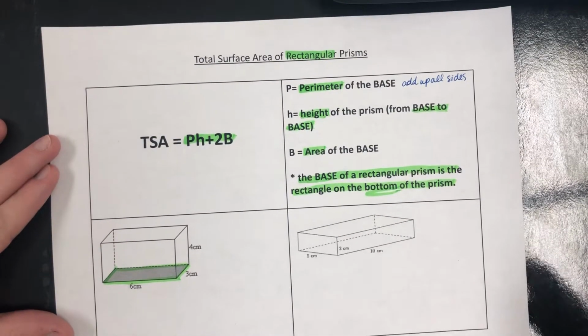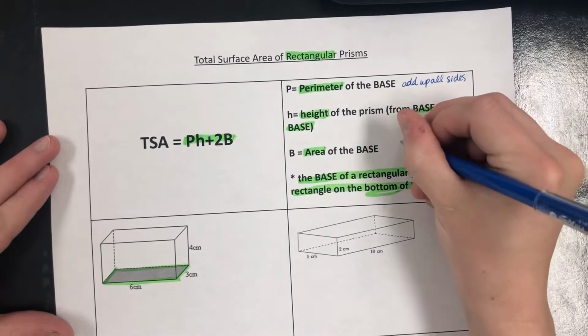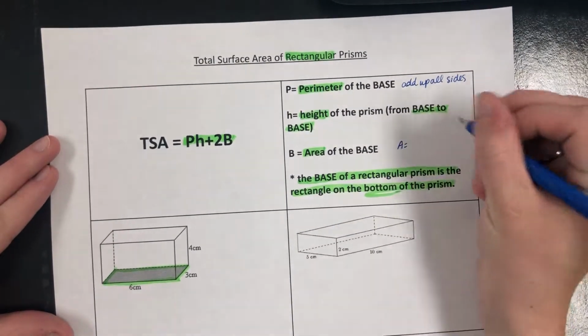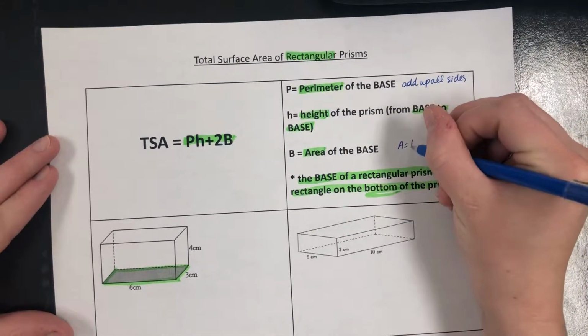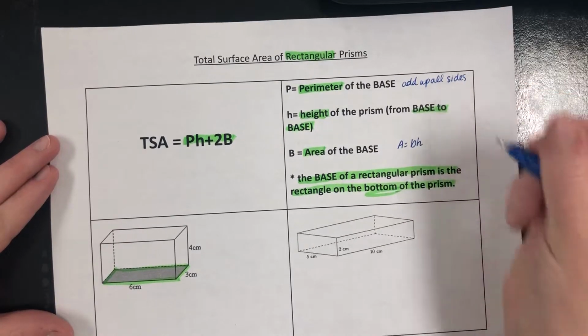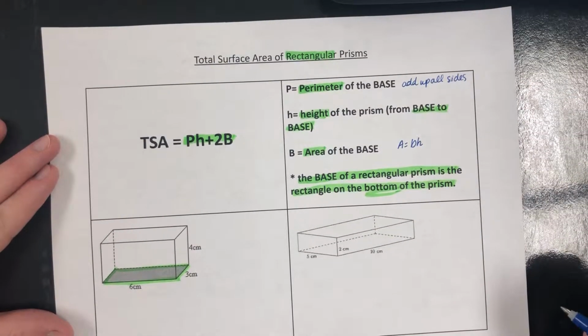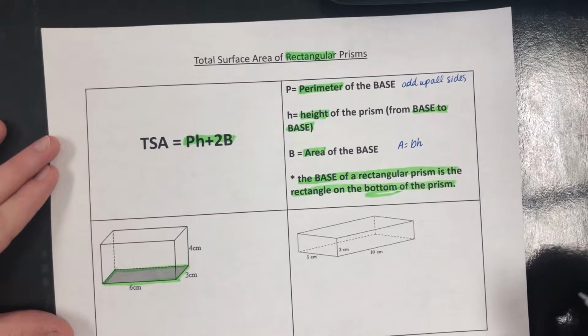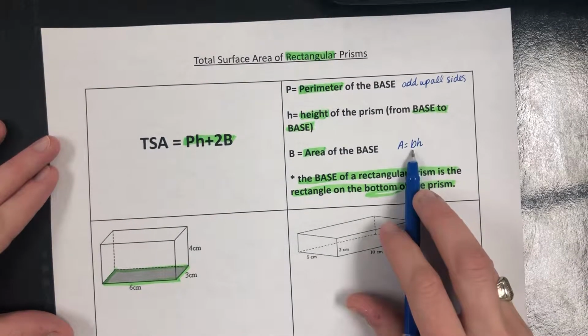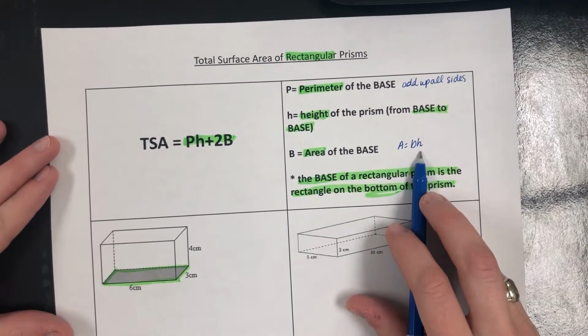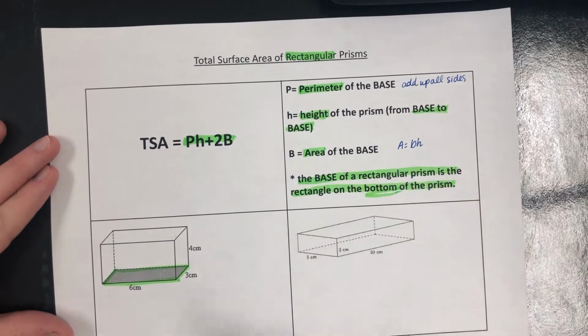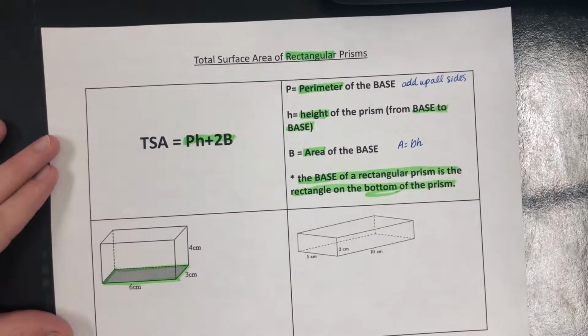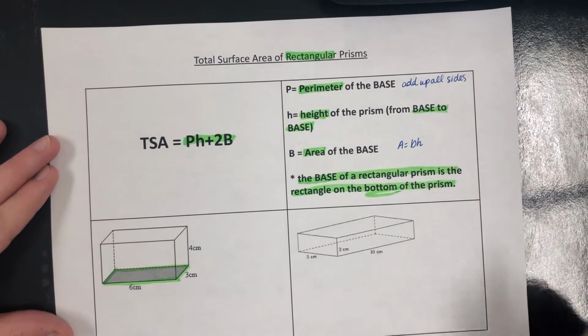On the STAR test you get a formula chart, so you can look under area and see that the formula for the area of a rectangle is A equals little b times little h, which is the base and the height of the rectangle that makes up the base of the shape.